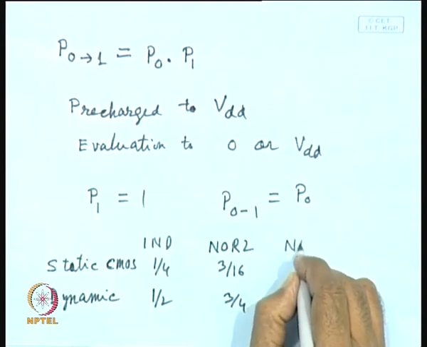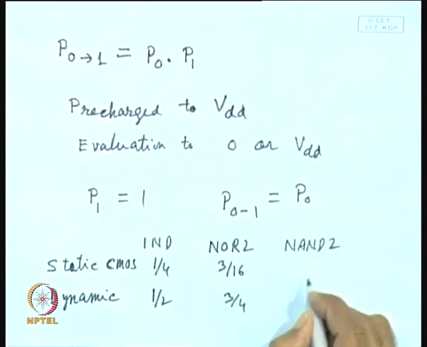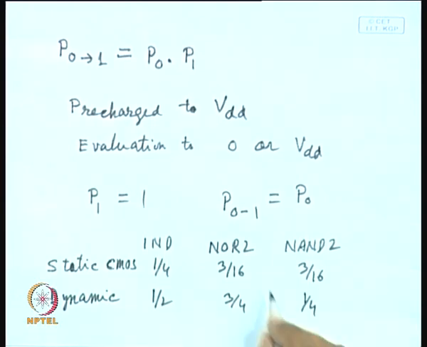For a 2-input NAND it is 3 by 16, but here it is equal to 1 by 4. So, we find that for dynamic CMOS circuits, the switching activity is more.